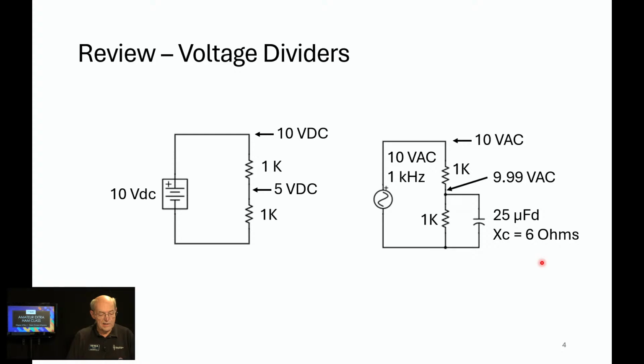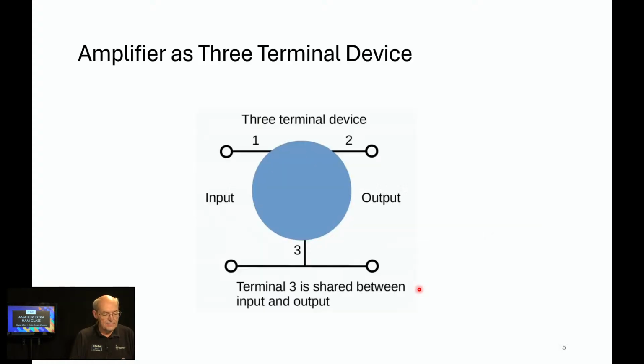So what's happening here, the addition of this capacitor that's shorting out that AC voltage to ground winds up putting almost the full supply voltage at the bottom of this resistor. And we're going to see when we get into the common emitter amplifier that this is significant. You see this a lot. So just kind of wanted to give you this review before we get into the next idea.